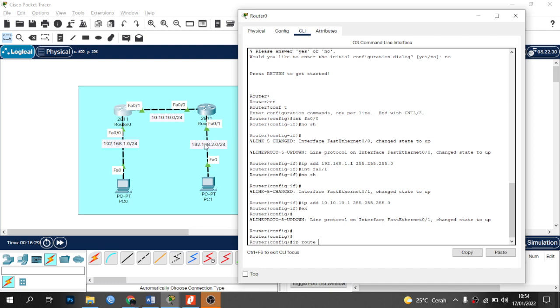Here, I go to the network 192.168.2.0 on router 0, then the subnet mask.